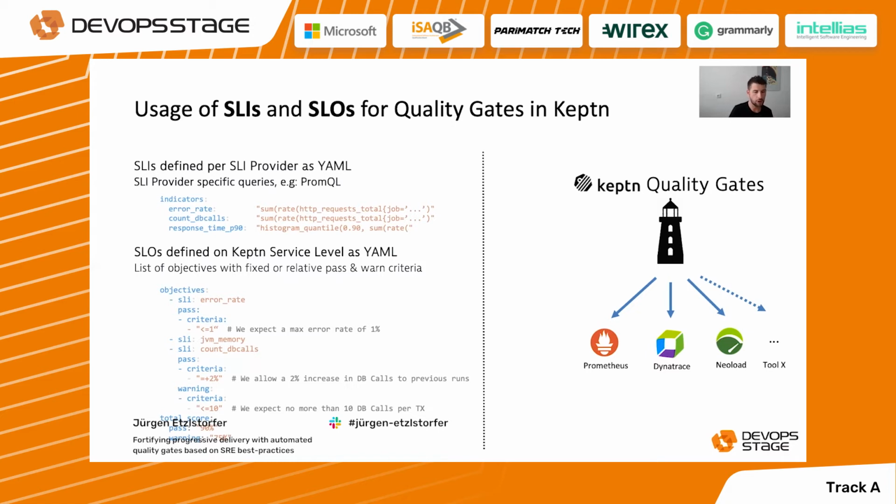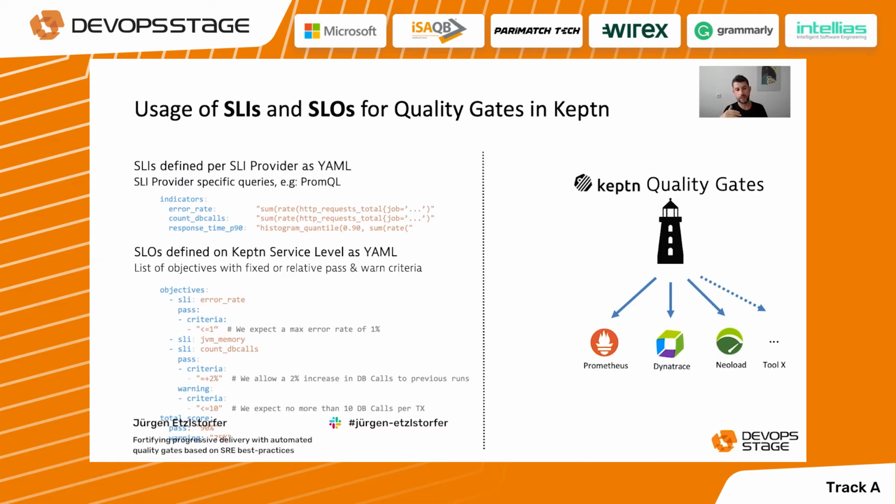For example, for the number of database calls, we also have this in the example here on the left-hand side. If the number of database calls stays within an increase of +2% compared to the previous runs, everything's good, and we receive full points for this evaluation. If we're not within this 2%, maybe we have 4%, then Captain will go ahead and also check the warning criteria.